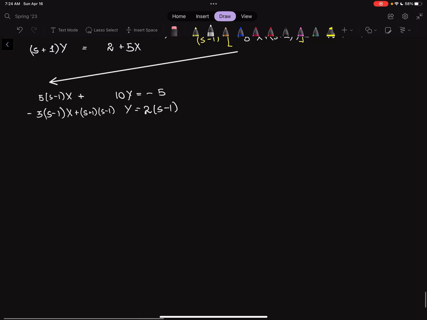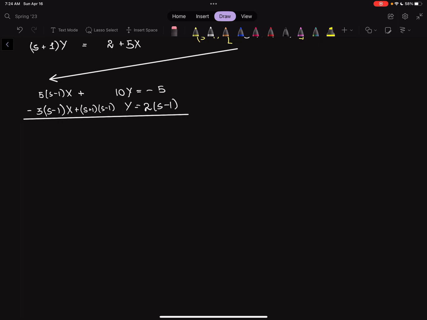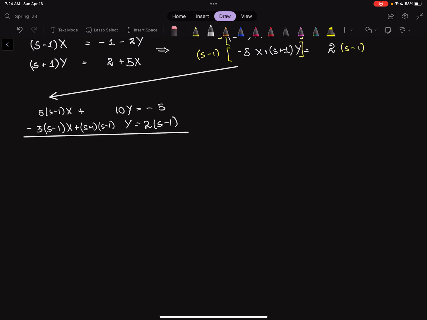So now if I add these two together, what happens? Well, these two cancel out completely, and so we're left with (s plus 1)(s minus 1) and 10.